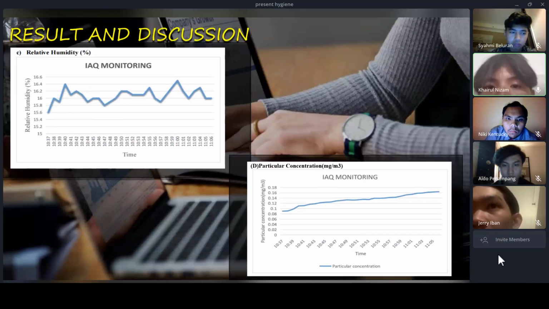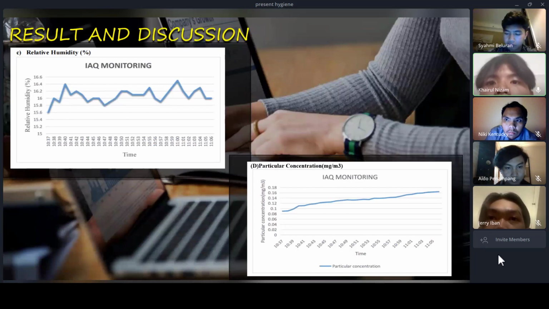The next one is relative humidity. On the other hand, the readings of the relative humidity were lower than the acceptable range of 40 to 70%. This is because the readings of the samples are mostly between 50.6 to 60.5%.